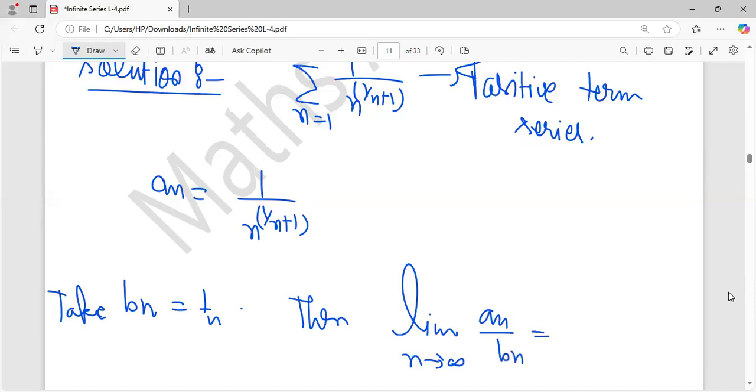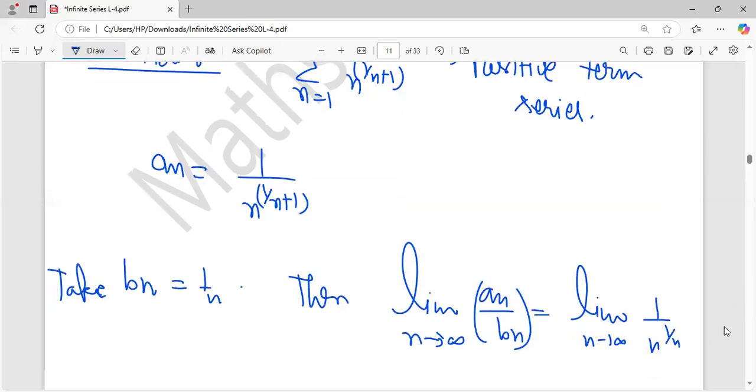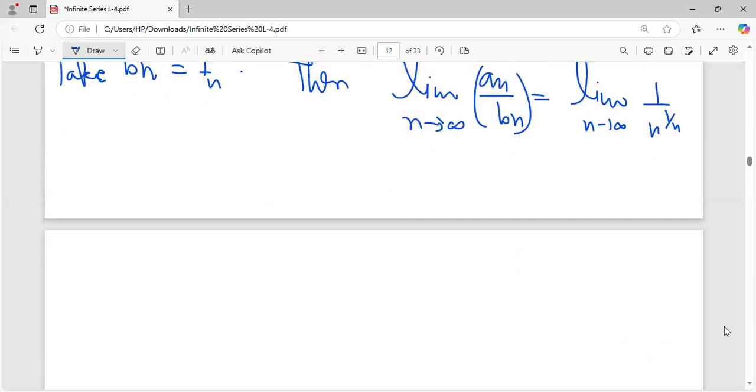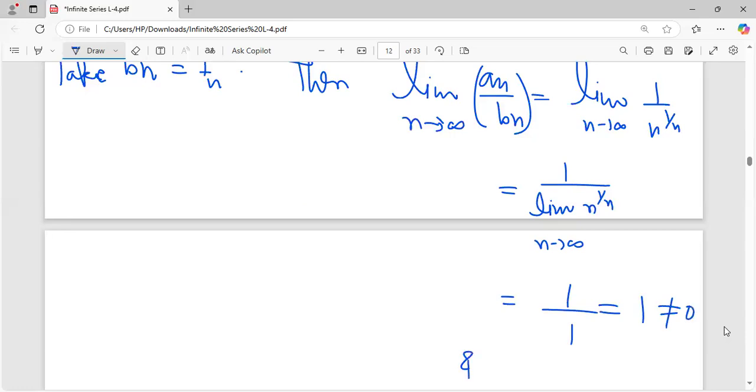What is this? What you will get after dividing, it will be limit n tending to infinity 1 upon n to the power 1 upon n. After solving it, 1 upon n will be cut down. So what is the limit of this? This is 1 upon limit n tending to infinity n to the power 1 upon n. This limit is always 1. So this is 1. This is non-zero and 1 is a finite number.